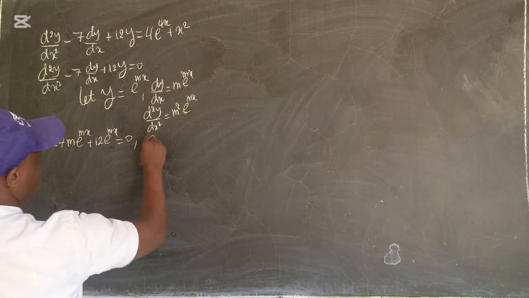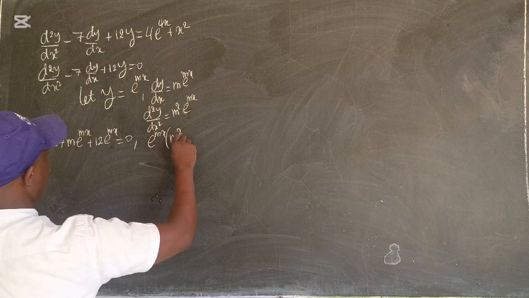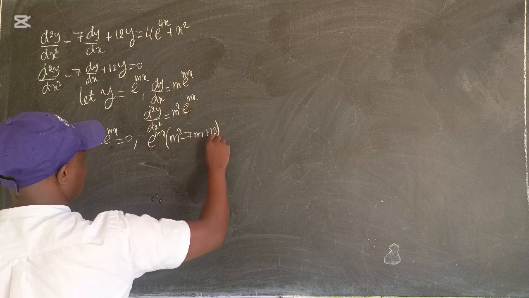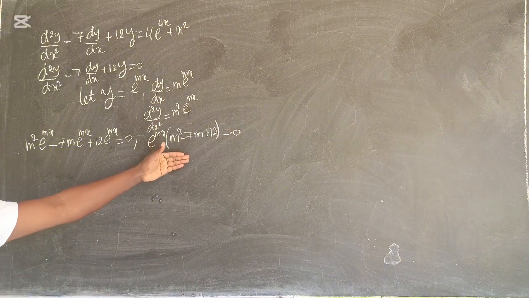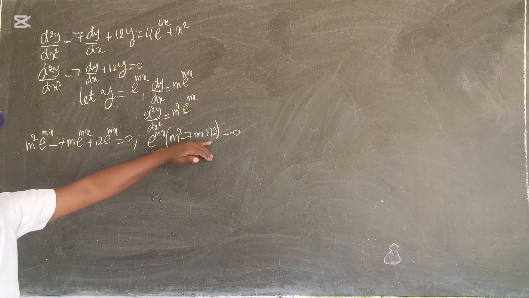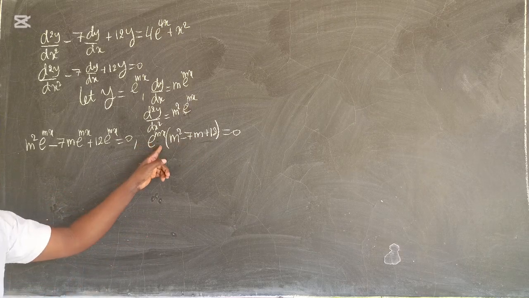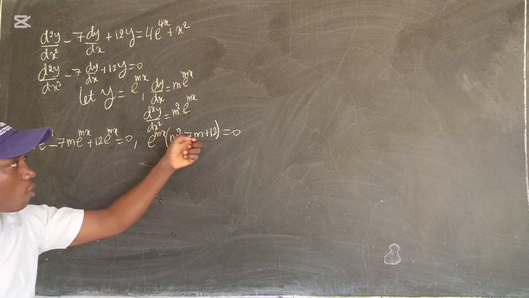We have exponential of mx times (m square minus 7m plus 12), and this is 0. For this equation to be 0, it is sufficient that this is 0. The exponential is always positive. That's why we equate this to 0.